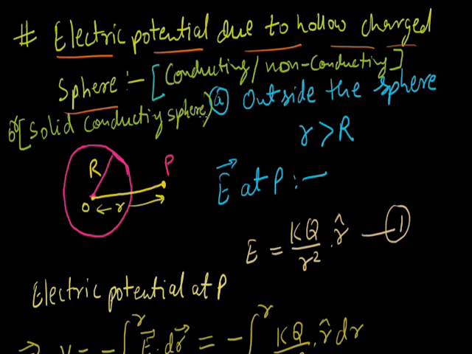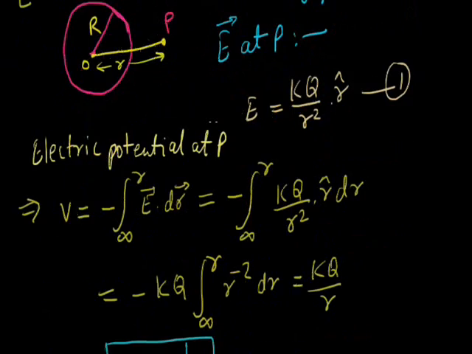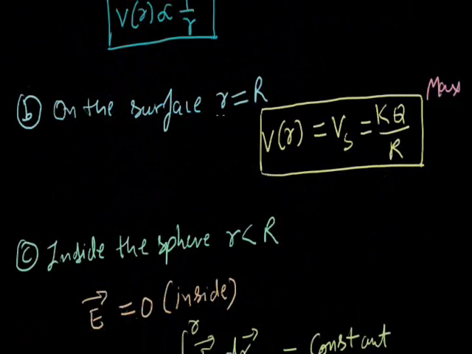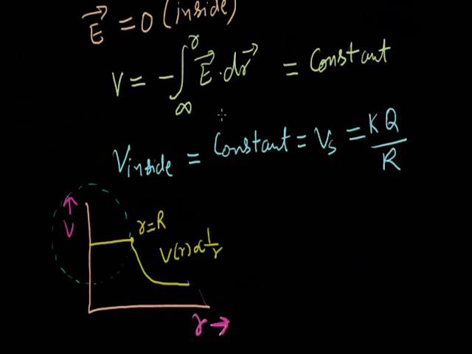Why? Because in a solid conducting sphere, the charge will always remain on the surface of the conductor. So if it is a solid conducting sphere, the charge will be on the outside surface of the sphere. If it is a conducting hollow or non-conducting hollow sphere, in both cases the charge will be on the surface itself. So this is the derivation and this is the relationship for the same.